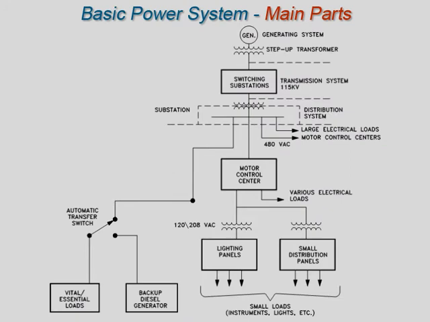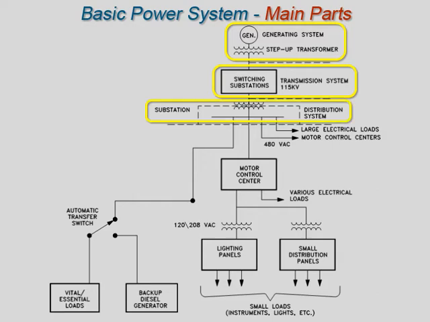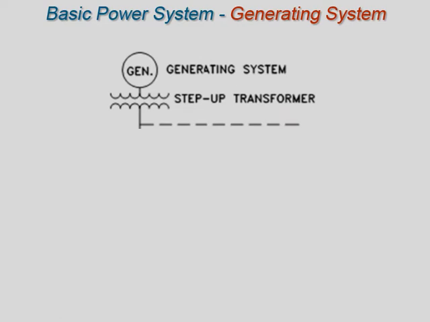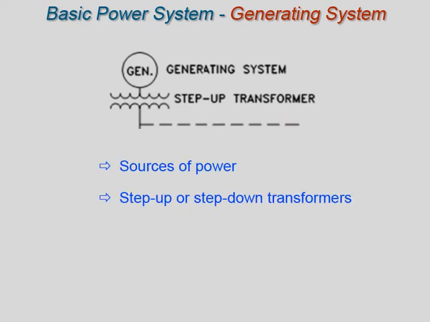An electrical power system consists of four main parts: a generating system, a transmission system, a distribution system, and a power utilization system. The generating system consists of sources of power and associated step-up or step-down transformers for preparation of transmitting this power over long distances.